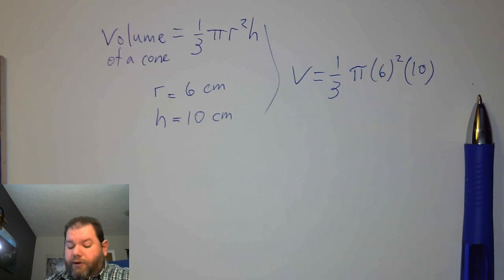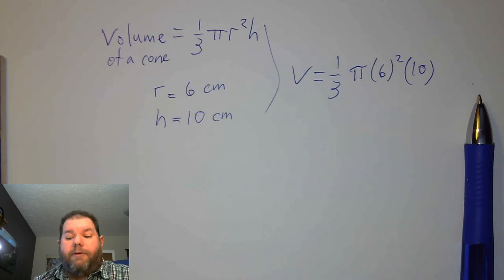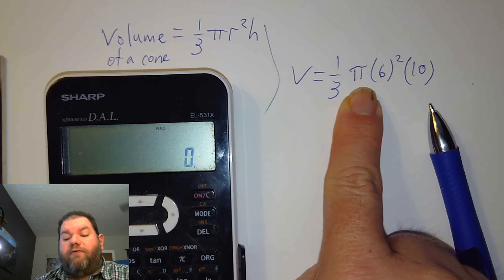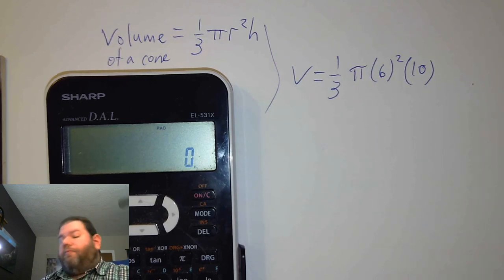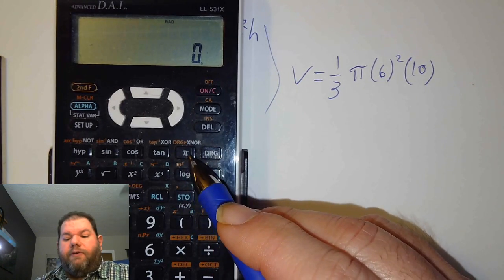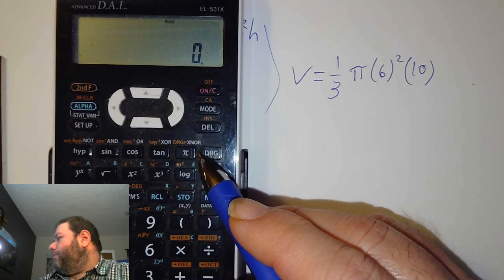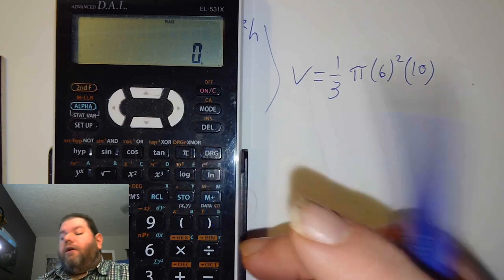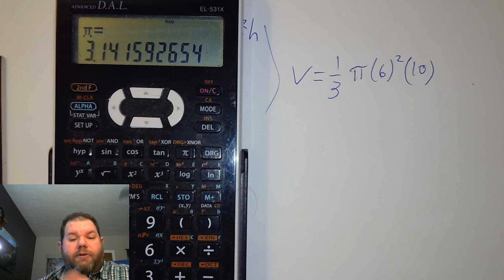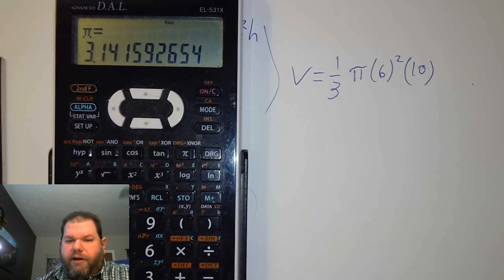But in this particular example, we're looking for a pi button on our calculator, because otherwise we'll actually have to enter an approximation for pi. Now, this calculator, pi button is very prominent. We can just see pi right there. Okay? And I would just press that button to get pi, which is approximately 3.14159, etc.